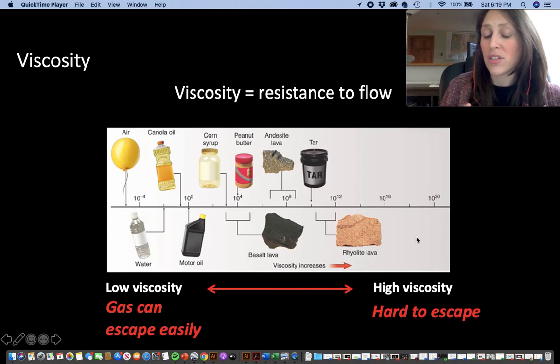When you have this really viscous magma like tar, the gases are going to be super hard to escape, because it's so thick, it's so sticky, whereas in basaltic lava, these gases can escape a lot easier. So this is going to play into, is it going to blow or is it going to flow?